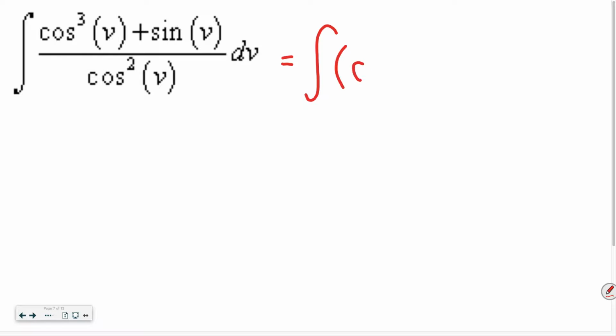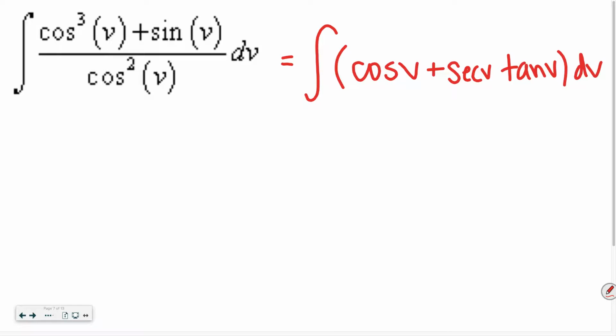That one's fine. Plus, we have sine of v over cosine squared v. Well, what's sine over cosine? But then we would still have a cosine in the denominator. So now we have a much simpler antiderivative.